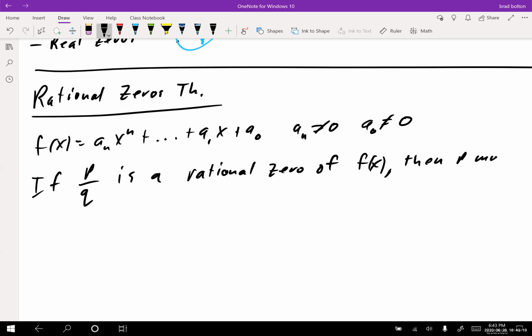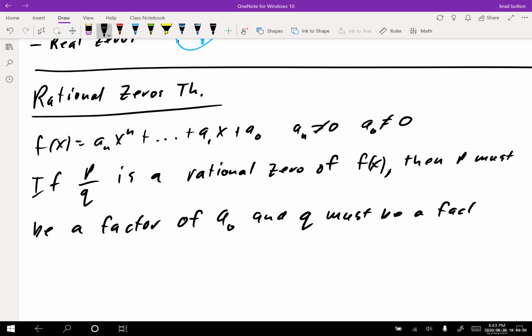p must be a factor of a sub 0, and q must be a factor of a sub n.